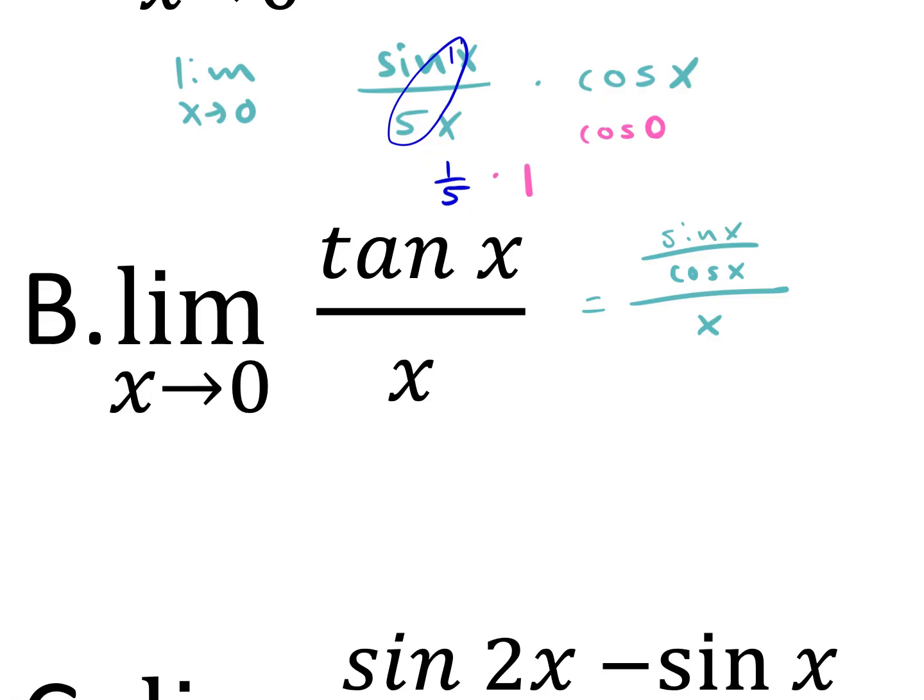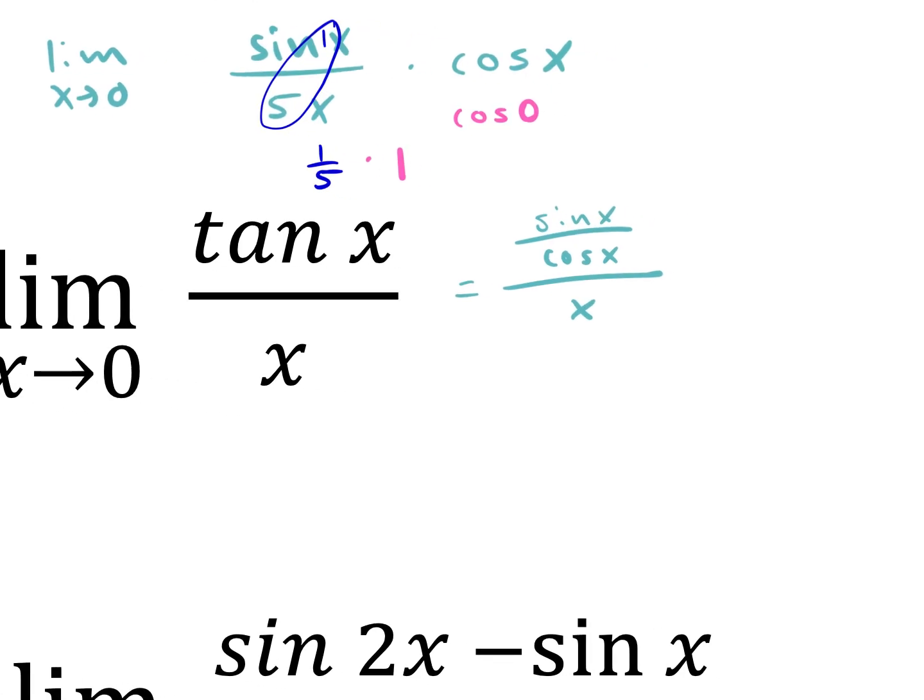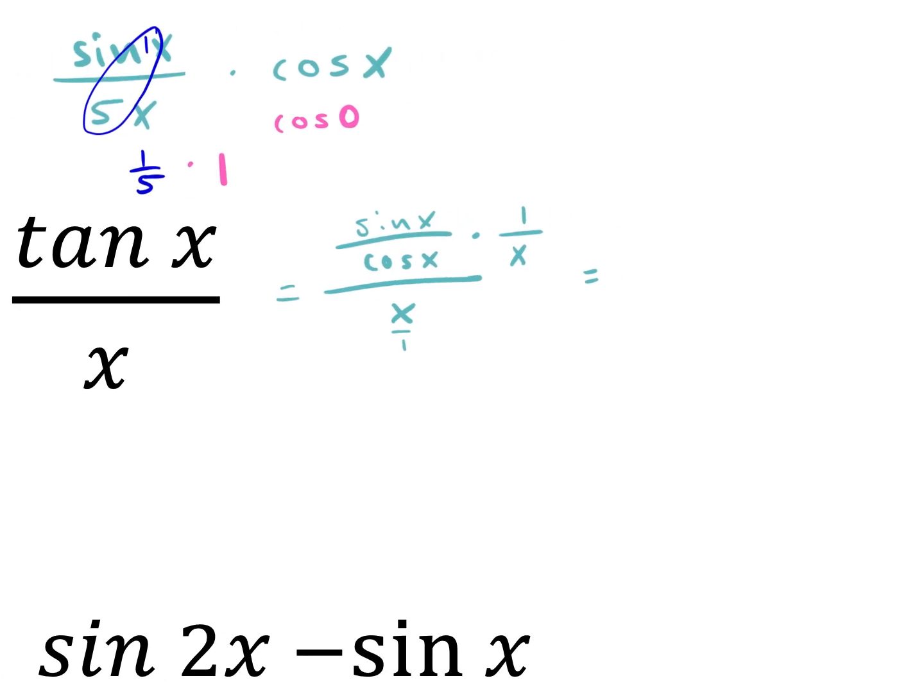What do we do when we have a fraction in a fraction? Keep, change, flip. So keep the top, change to multiplication. We're going to flip our denominator to 1 over x. So now when I multiply these together, I have sine of x over x times the cosine of x. Do we notice anything that we could use here?